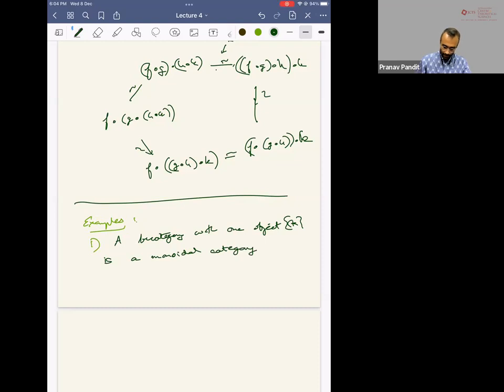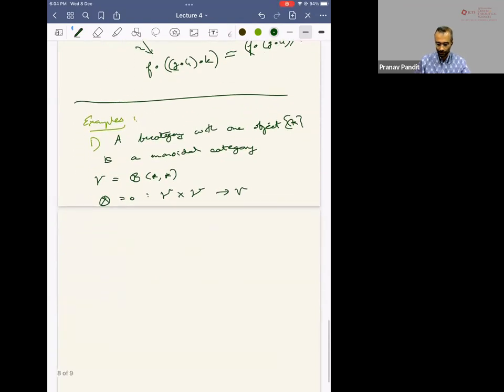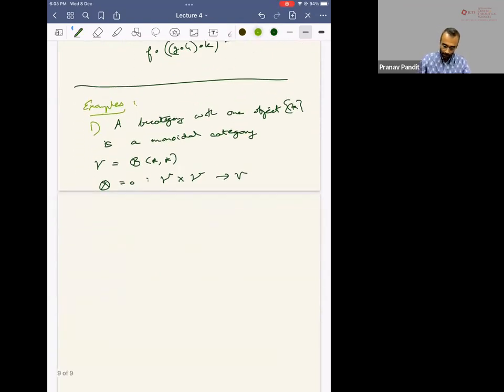Let's call this monoidal category V, which is equal to B of star star. And you have a map tensor, which is my composition, mapping V cross V to V. And the axioms are exactly the axioms of a monoidal category. So a monoidal category is nothing but a bicategory with one object. Here's a more fun example.